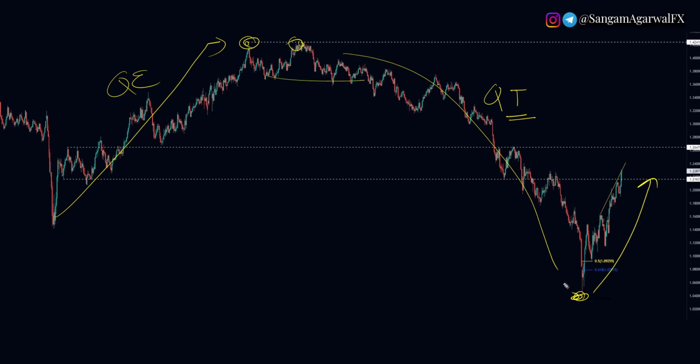So this is your bottom, and before the next QE monetary policy starts in 2024, before that there will be a rate cut, and before that there will be a rate pause. And these are three stages, and they are bullish for this pair and bearish for the dollar.